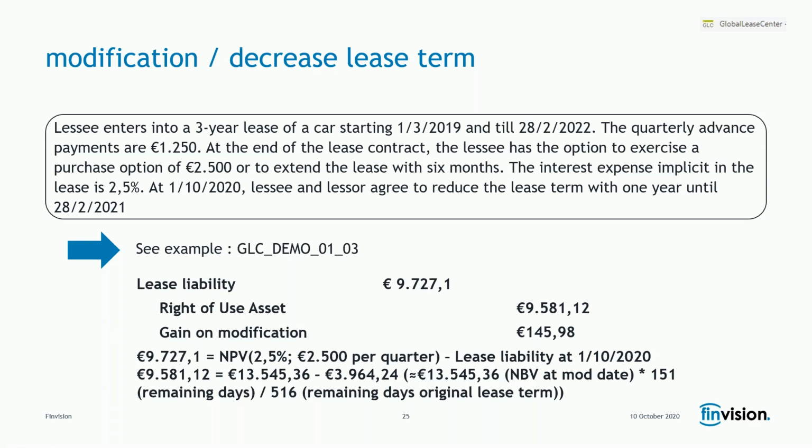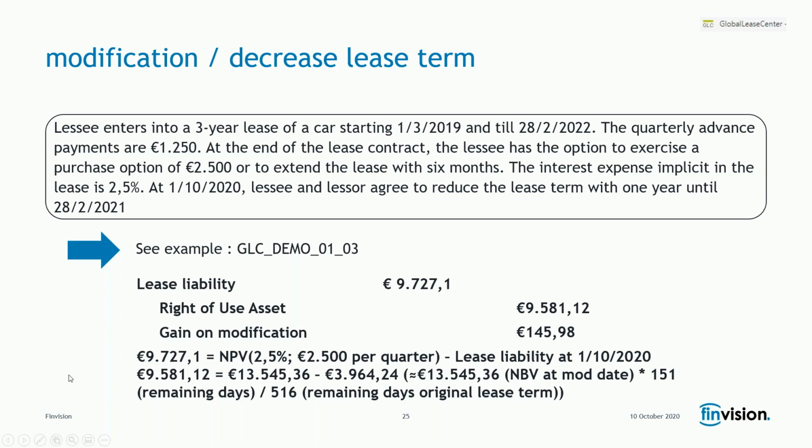It will not give a material difference, of course, but here the tool is doing a calculation on a daily basis. That's why we calculate on days. Total until 2022, it's 516 days. But taking only until 2021, I have only 151 days remaining.